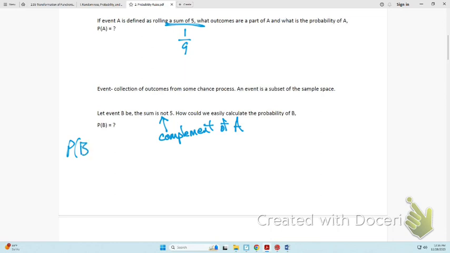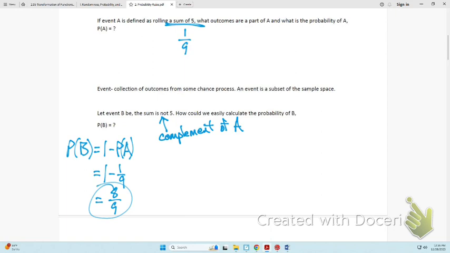So P of B is 1 minus P of A. Because aren't there 32 events that don't add to 5? This is a backwards way of solving this, and you can just look at it and know that the answer is 8/9.